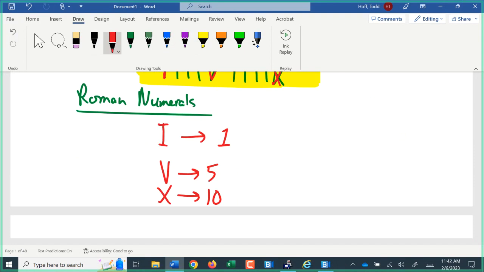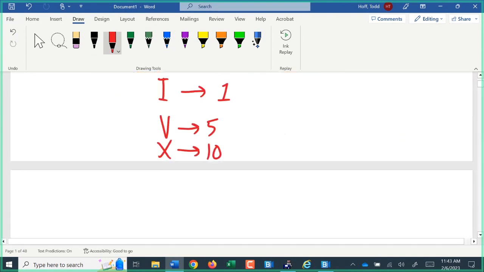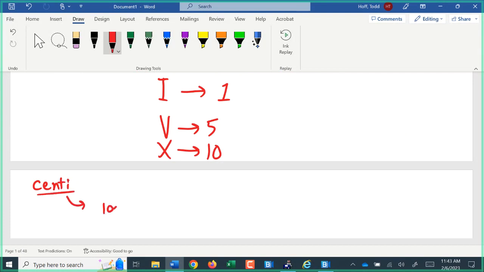But over time, of course, there became a need to express larger numbers. And as that became necessary, they brought in digits that had other meanings. For example, the Latin root centi means 100. So C was 100.